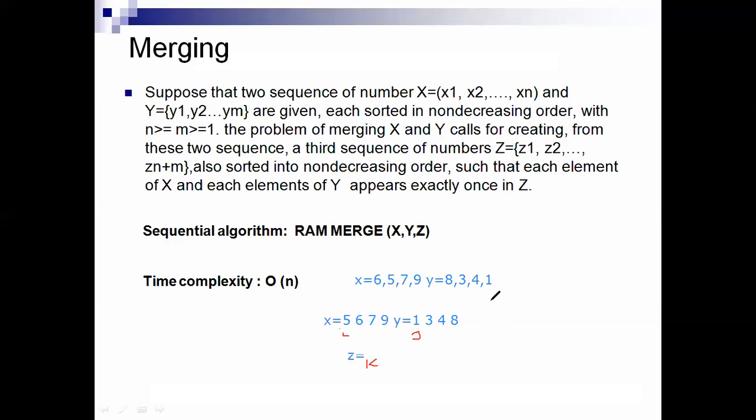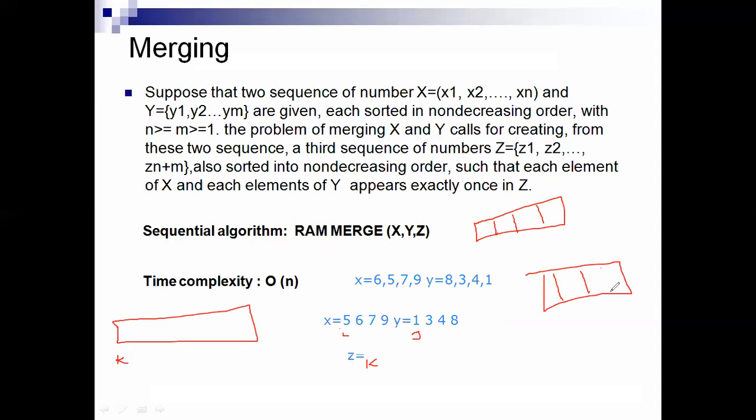So first I take the block z, with index k. This is the index i, and this is the index j. Here I am storing the values 5, 6, 7, 9, and here 1, 3, 4, 8.